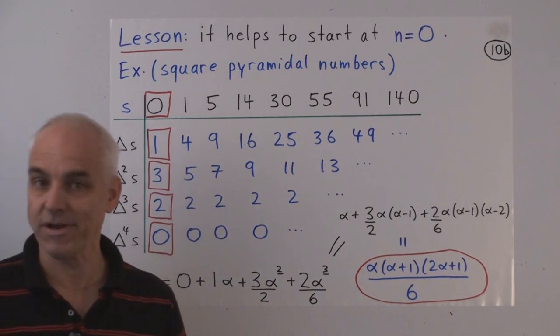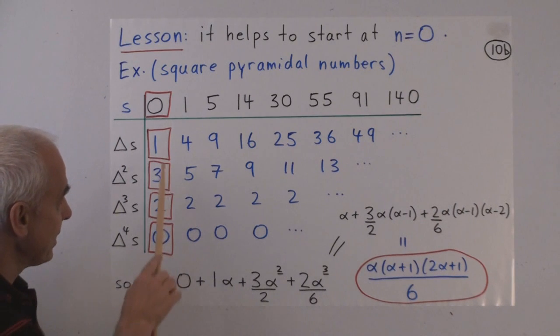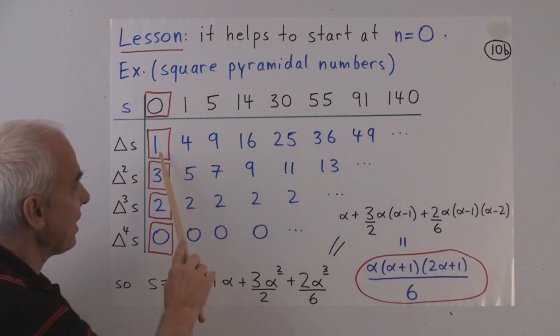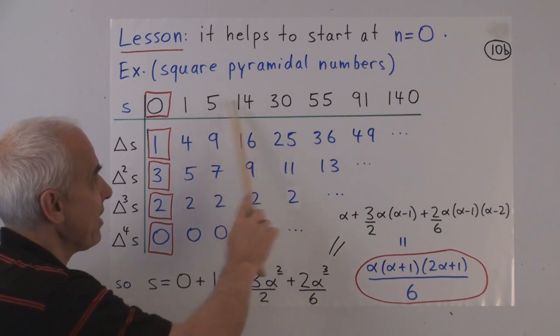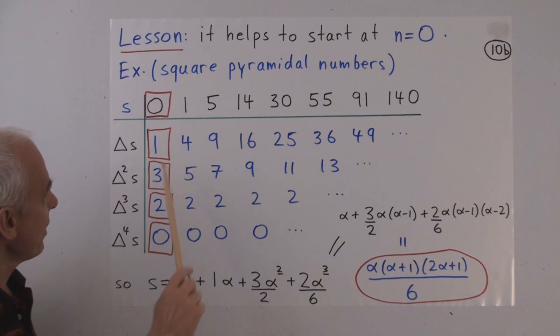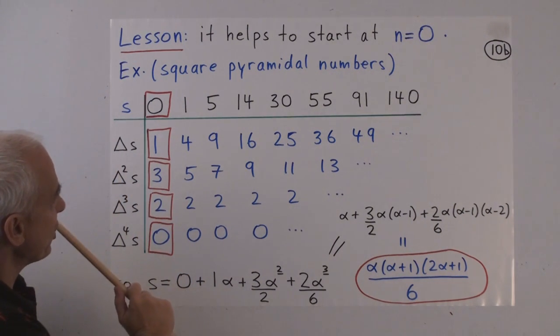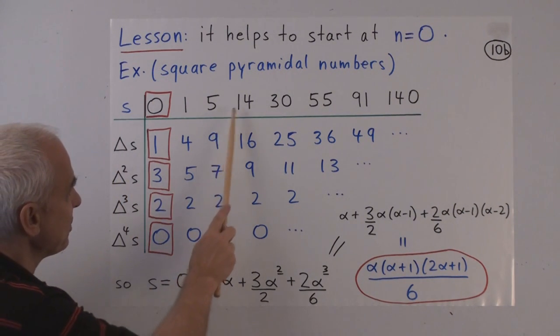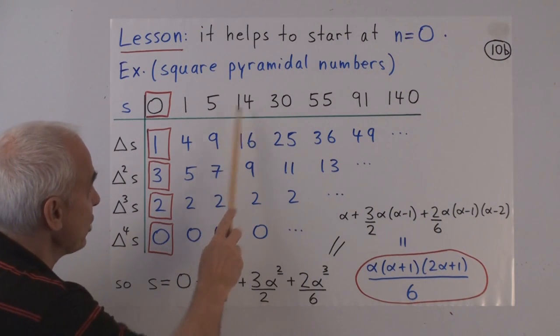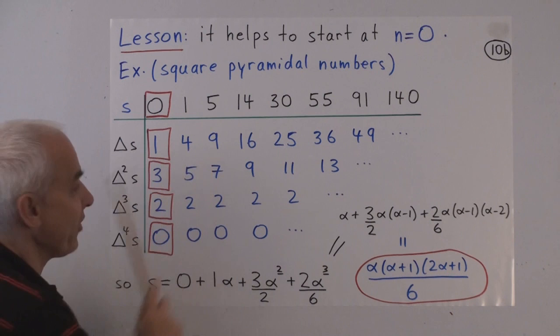Square numbers are very important in mathematics, and this sequence here is basically being summed by the square pyramidal numbers. So let's make the following observation. While 9 is the difference between 14 and 5, 14 is actually the sum of 1 plus 4 plus 9.